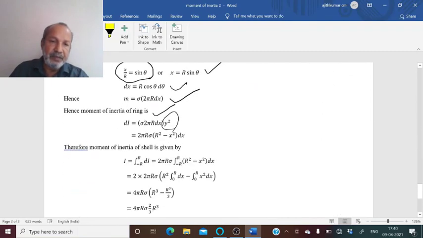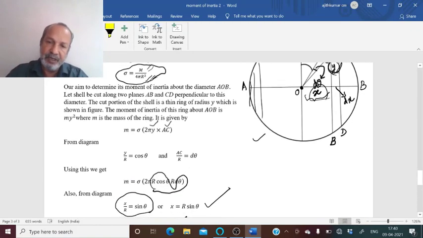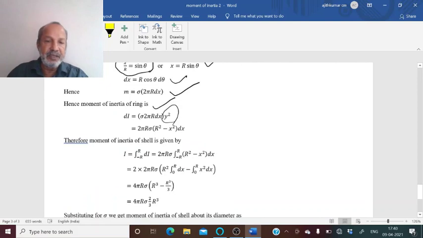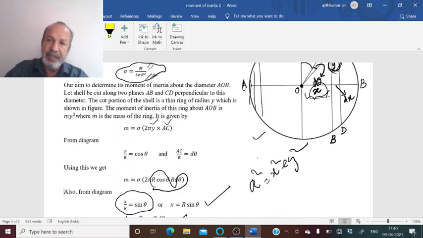So into y square, and again from the right angle triangle having sides r, y and x, according to Pythagoras theorem we have r square is equal to x square plus y square, and from that you get y square is equal to r square minus x square, that you can substitute here, and that is the moment of inertia of the ring, and we can sum the moments of inertia of all such rings starting from A and ending at B.